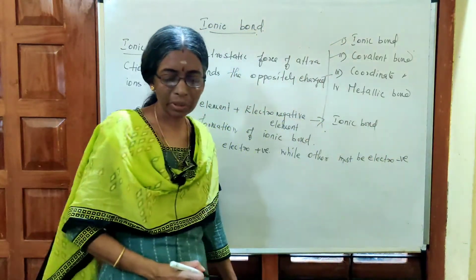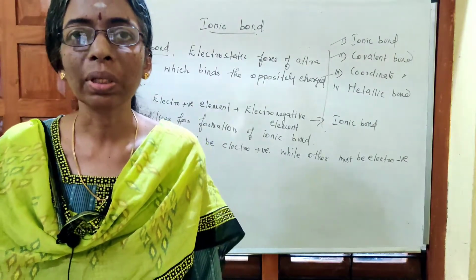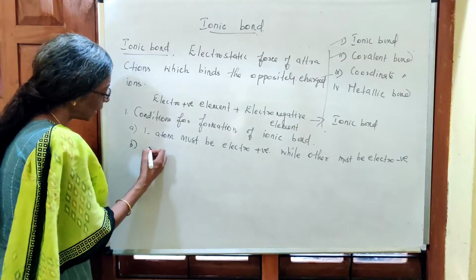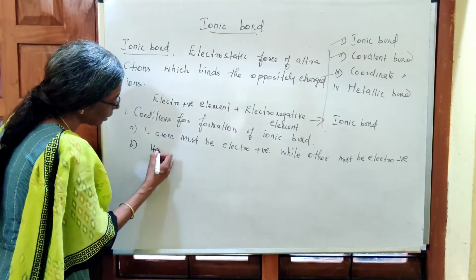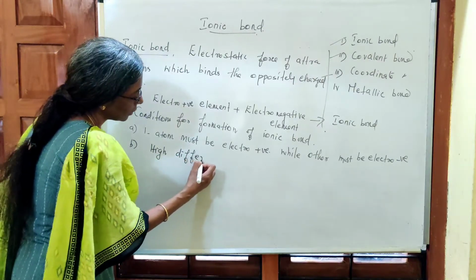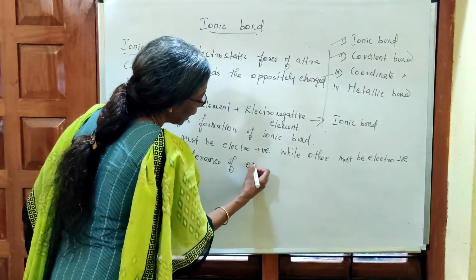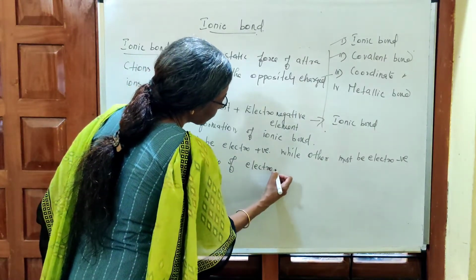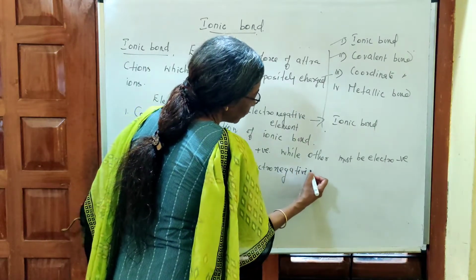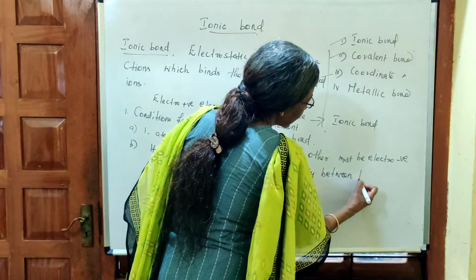So one element must be electropositive, other must be electronegative. Second one is there should be high difference of electronegativity between the atoms, between the elements.